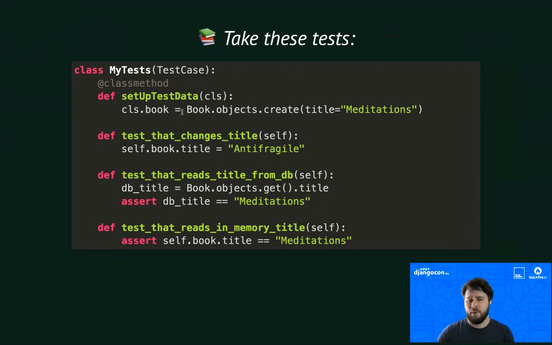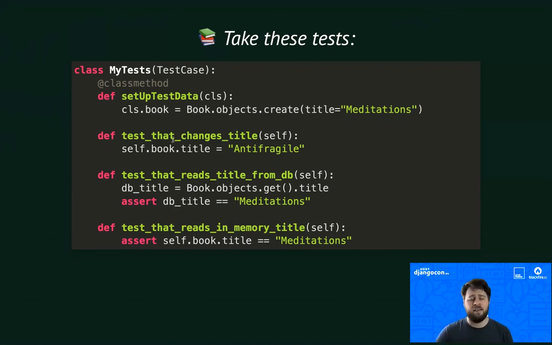And if we remember how Django's ORM works, this will create a book instance in Python, and then it will also call the save method of that book to insert it into the database. So after setUpTestData, we have some data in the database, which will be rolled back by transactions, and we have some data in memory.